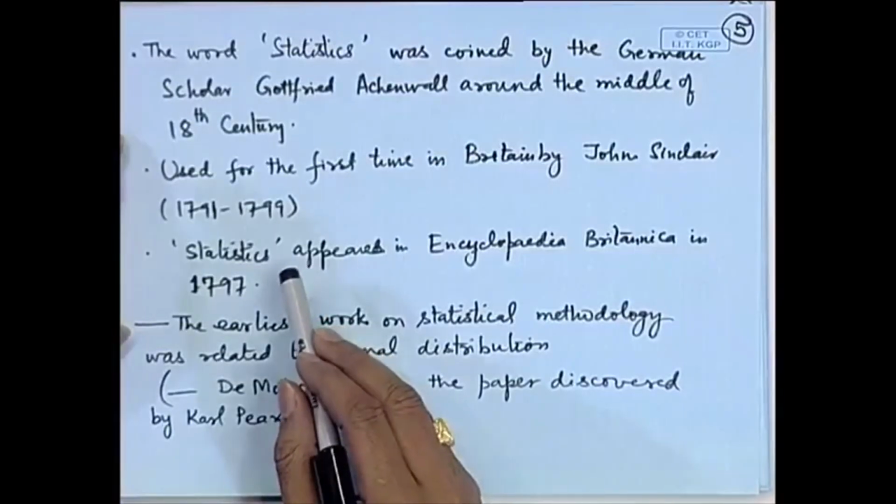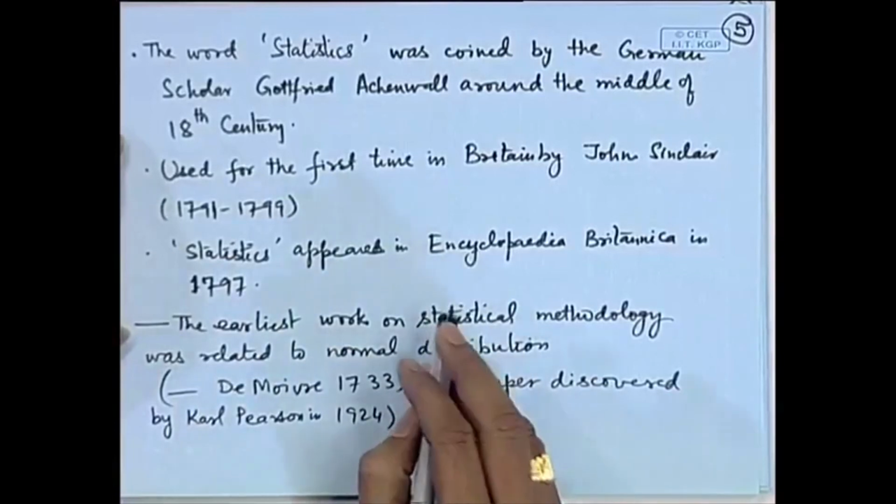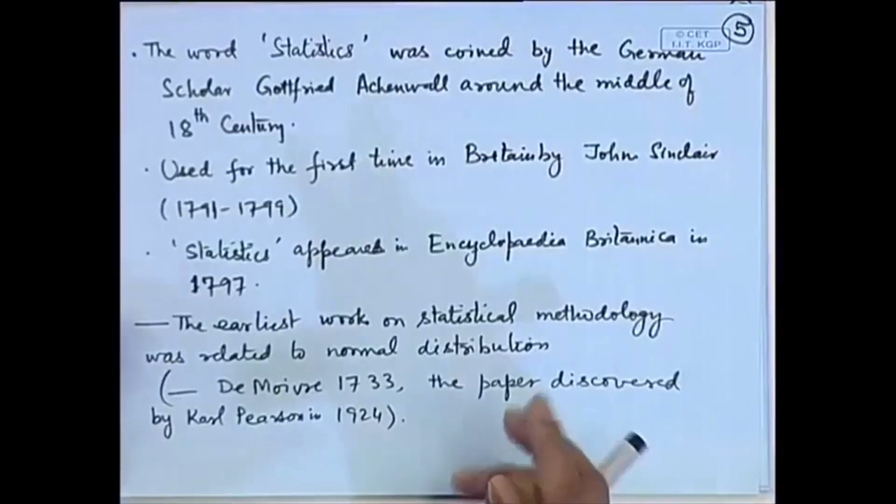The second is the term statistics, which is referring to the subject of statistics, and this means the statistical methods which interpret certain data, which analyze certain data and give inferences based on that data. That is called the subject statistics. So, now we will refer to it by saying statistical methods or statistical techniques or statistical inference.